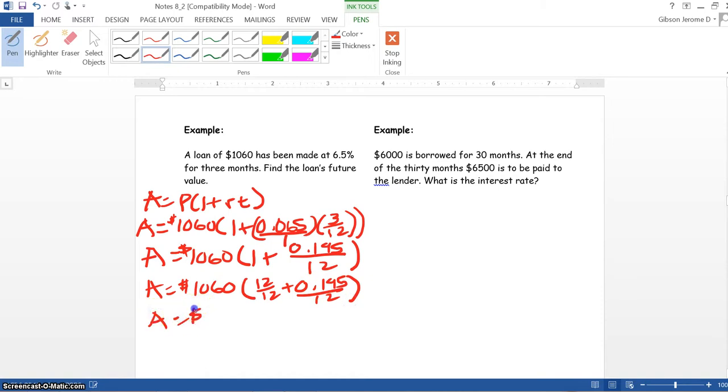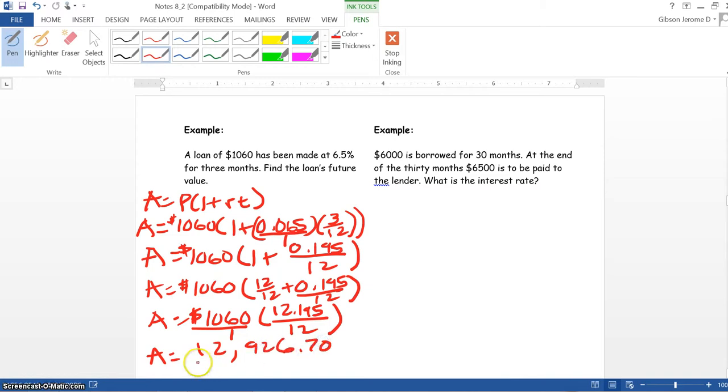So we will have $1,060 times this, which will give us 12.195 all over 12. Now we'll put a 1 under this 1,060, and 1,060 times 12.195 will give us a numerator of $12,926.70 all over 12.